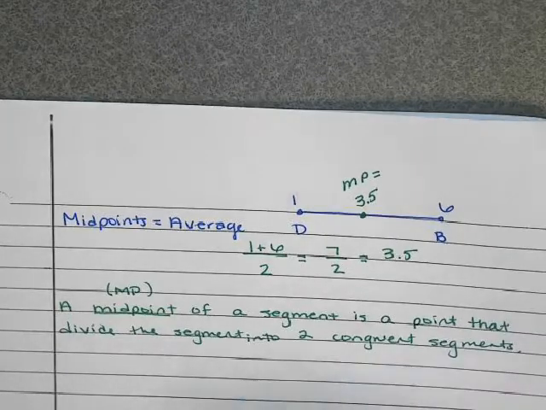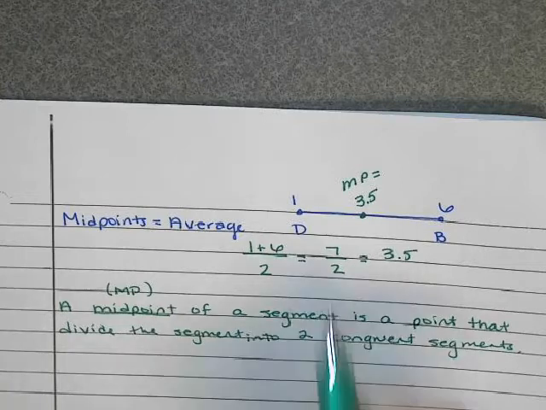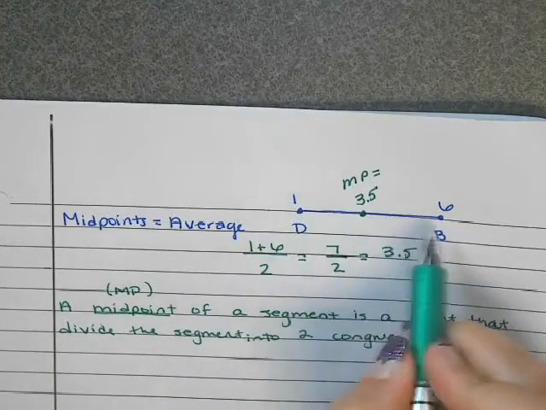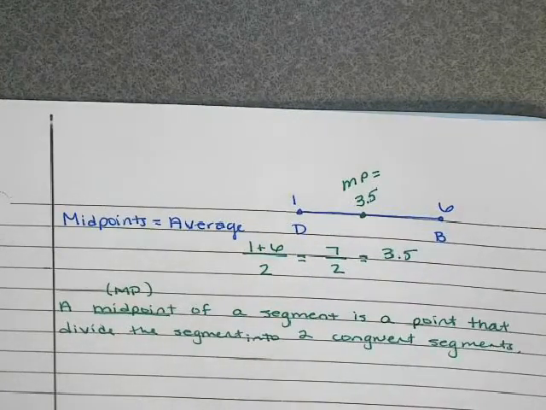Which means that those 2 smaller segments have to have equal lengths. So this segment length and this segment length were equal, the segments are congruent.